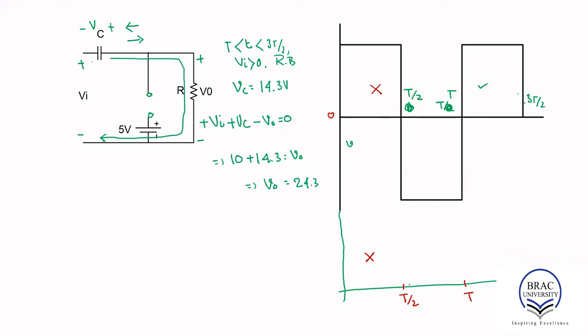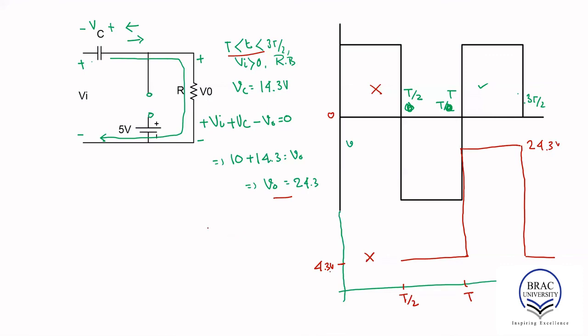From T by 2 to capital T, we have 4.3. And then from T to 3T divided by 2, during this interval, we found 24.3 volts. So 4.3 to 24.3.